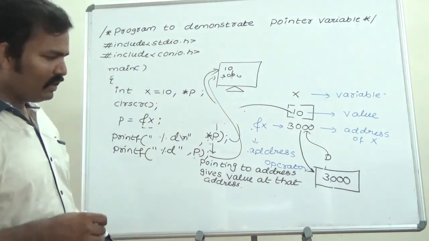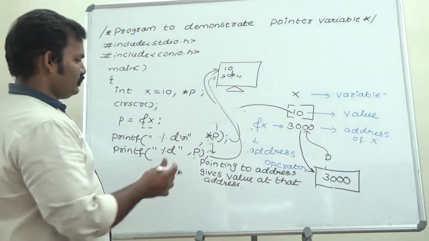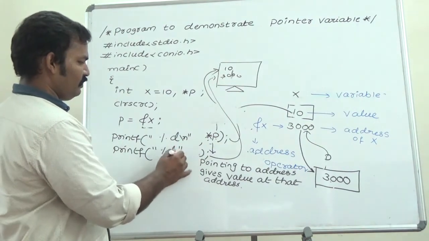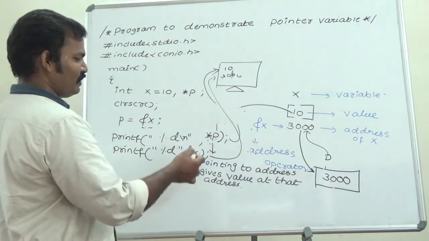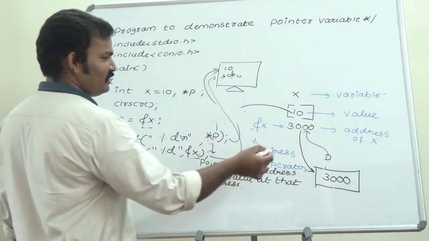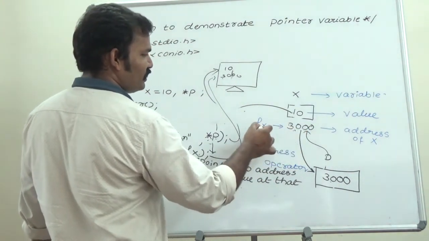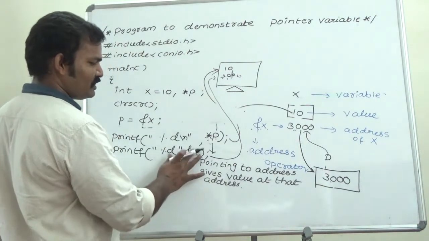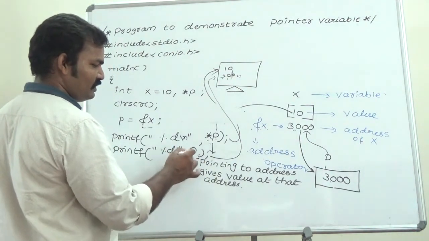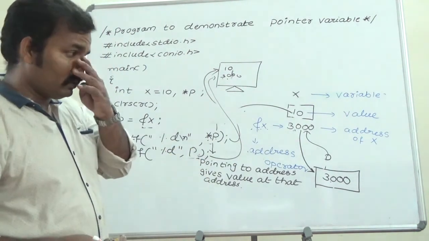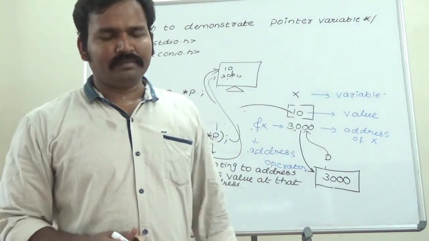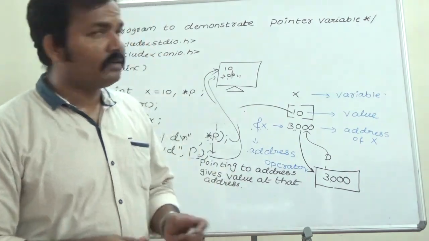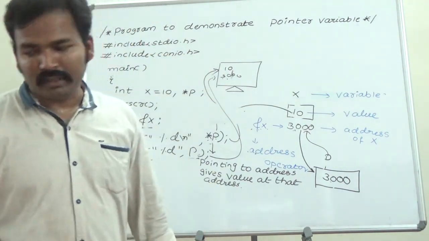Remember, instead of p here, if you write ampersand x, it also prints the same. Ampersand x means the address of x, 3000. Ampersand x or p, both print the same value. So this is about the program to demonstrate pointer variable.